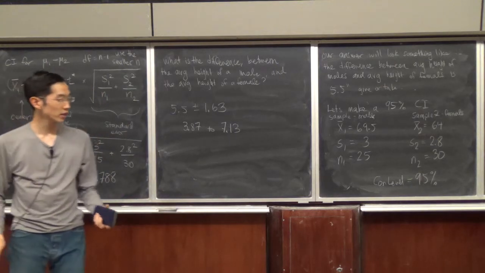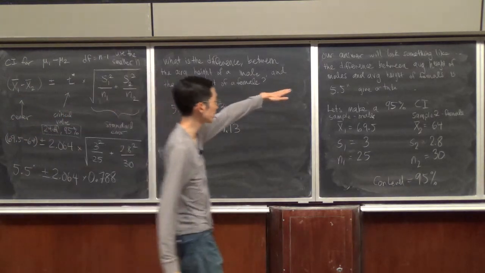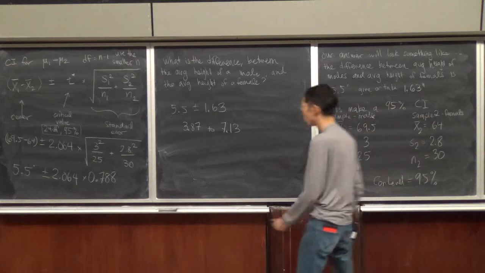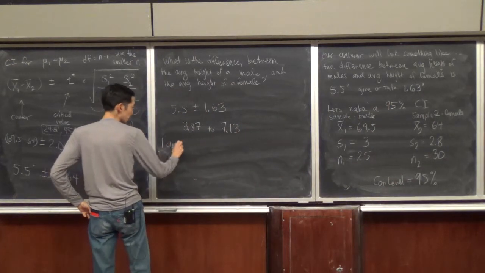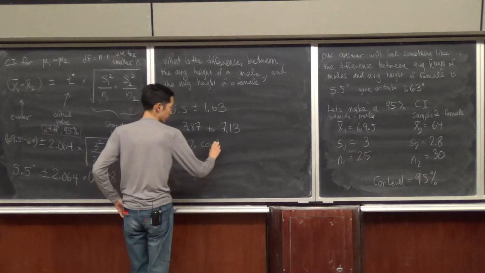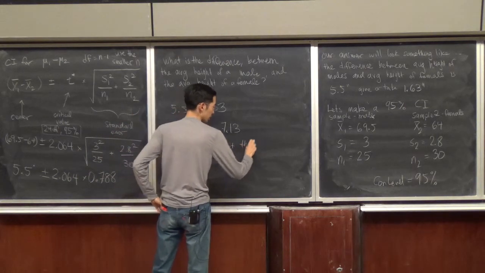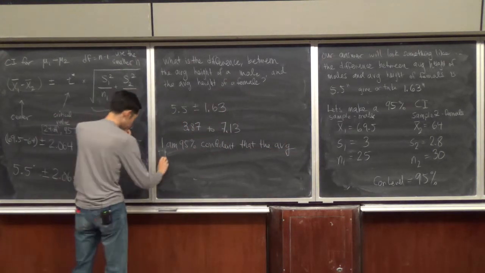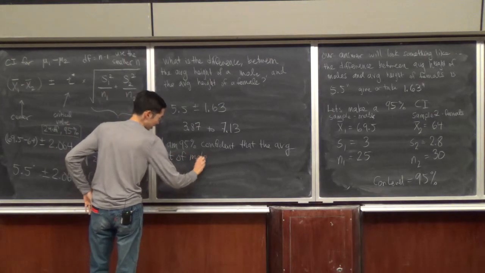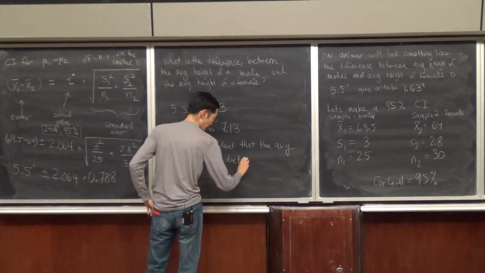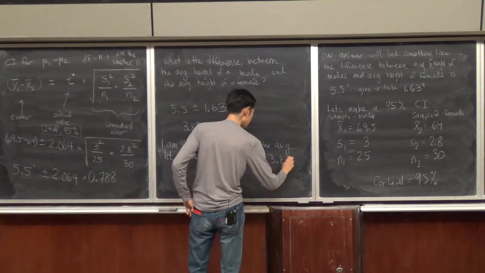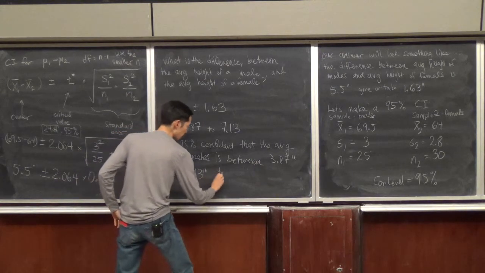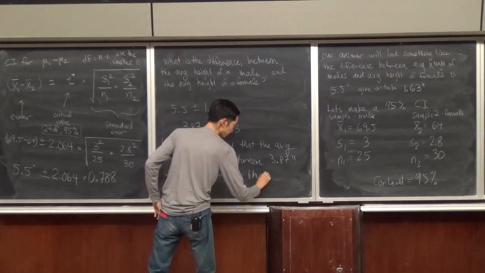So I can say the difference between the average height of males and the average height of females is 5.5, give or take 1.63 inches, or I can say I am 95% confident that the average height of males is between 3.87 inches and 7.13 inches taller than the average height of females.